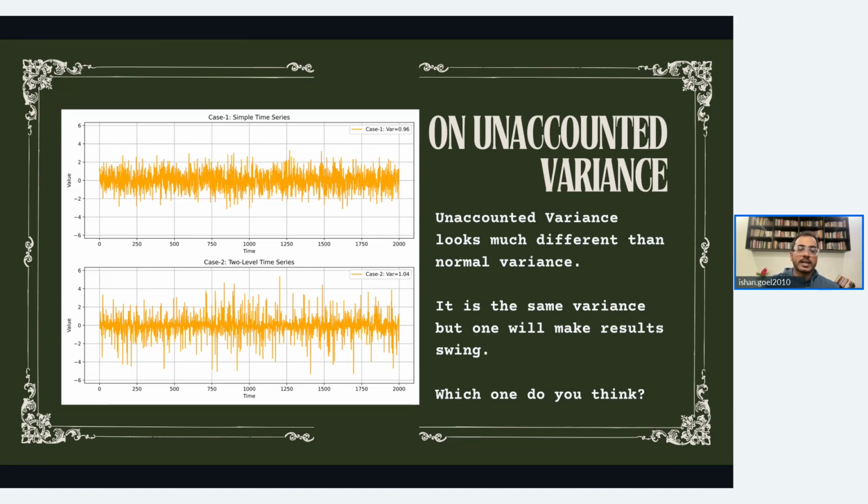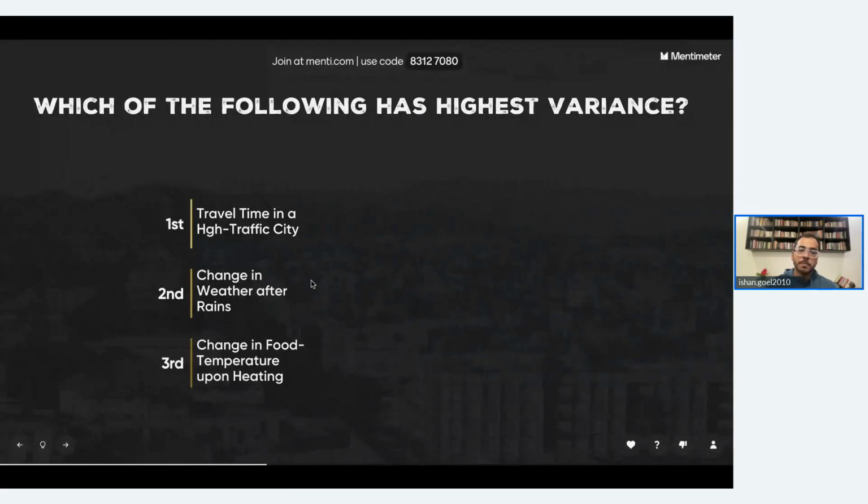So, some questions again, on variance. Firstly, to grasp the concept of variance, I have this question: which of the following has the largest variance?